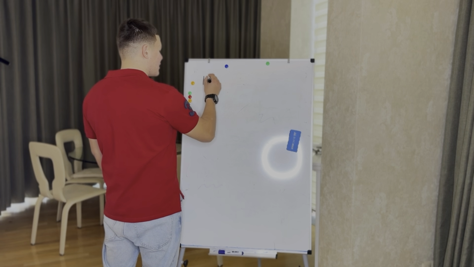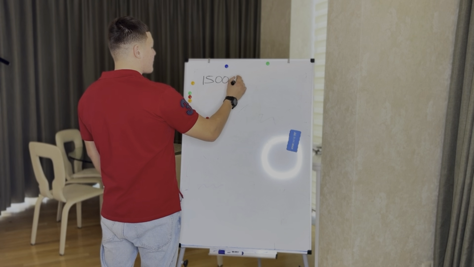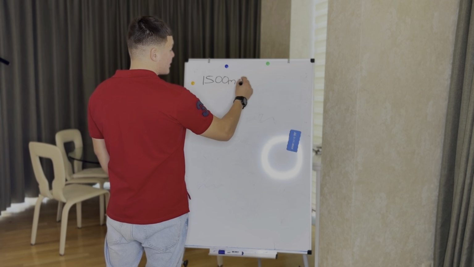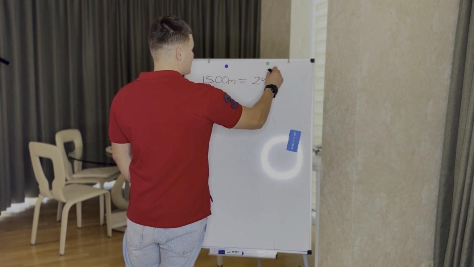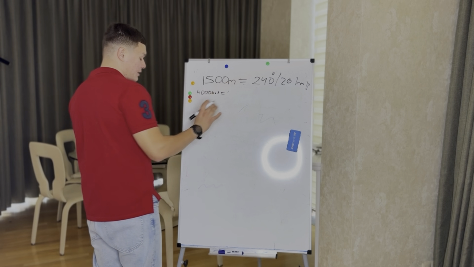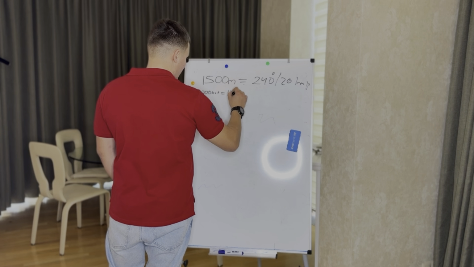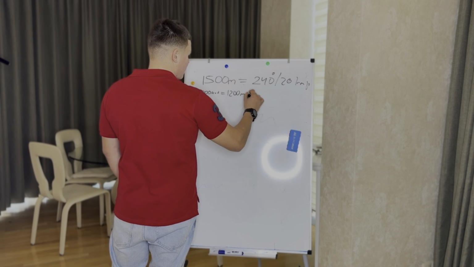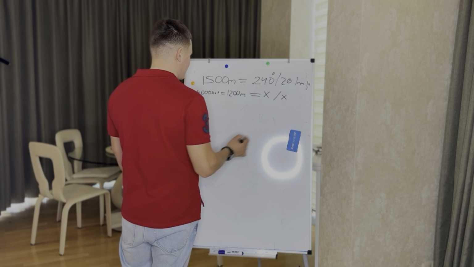The altitude is 1,500 meters. The wind direction will be 240 degrees and the speed will be 20 kilometers per hour. At the altitude 4,000 feet, which is approximately equal to the altitude 1,200 meters, we have unknown direction and unknown speed.